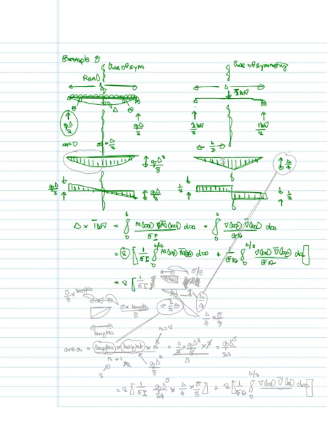So 1 over EI, and we can have a look at the parabola to start with.